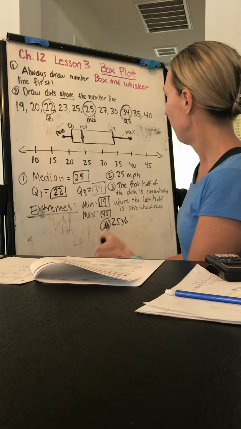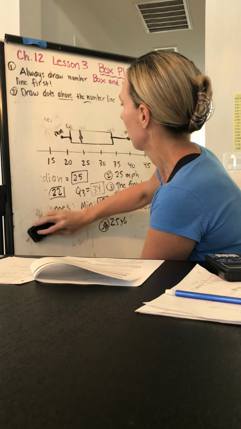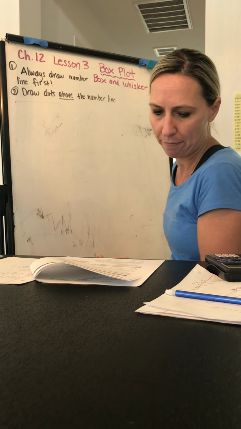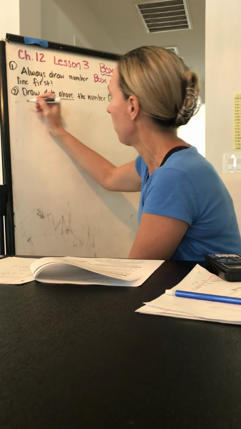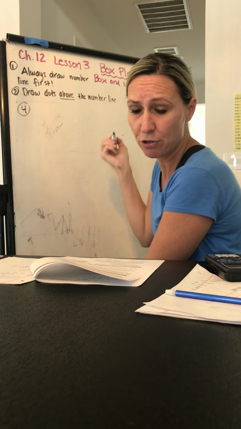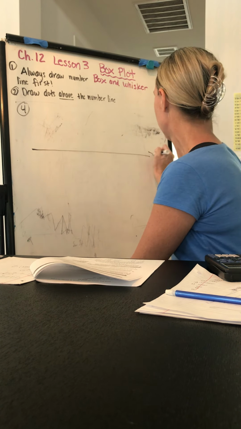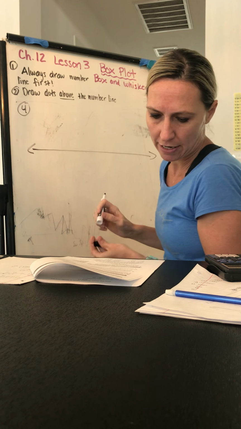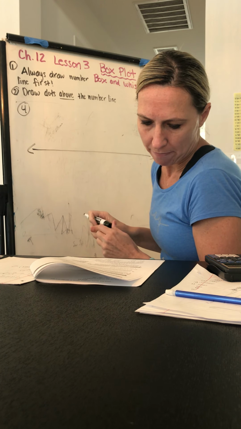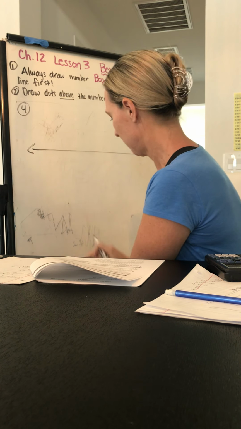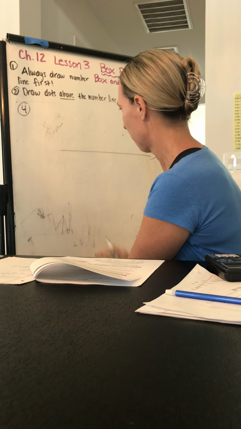Okay, and now example 4 is the last one before you start your homework. Example 4 gives you a box plot. So let me draw it. This is on your paper. They go 45 to 110.